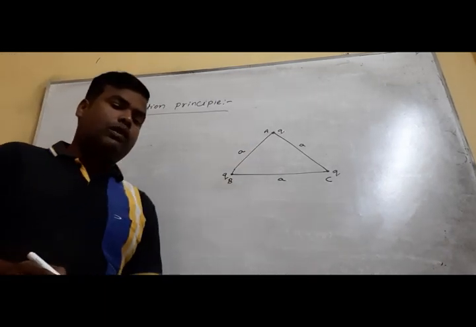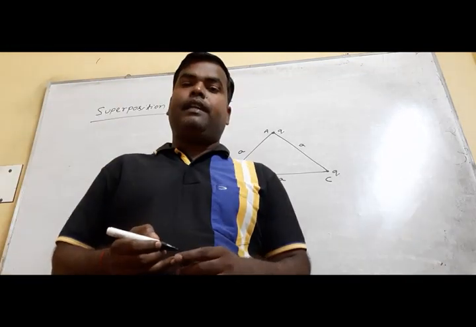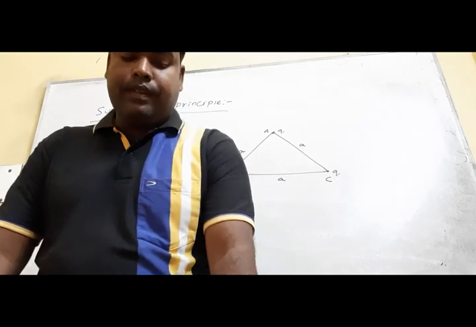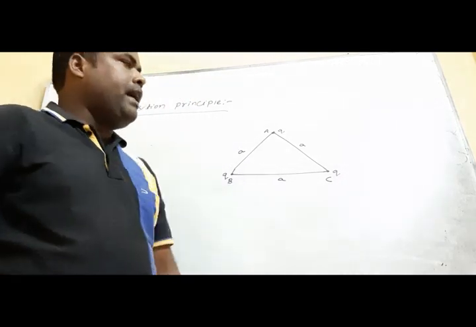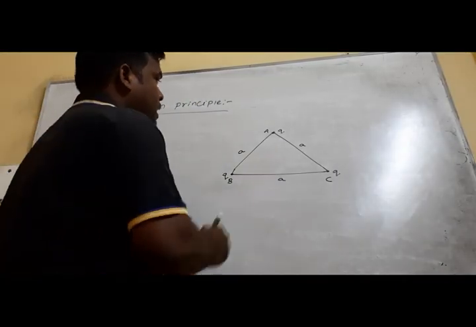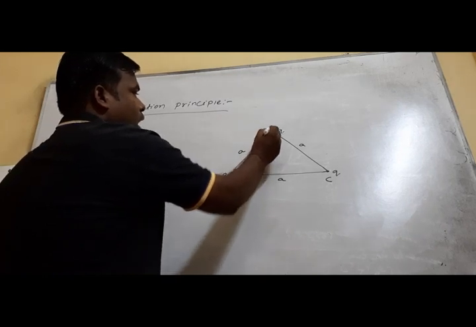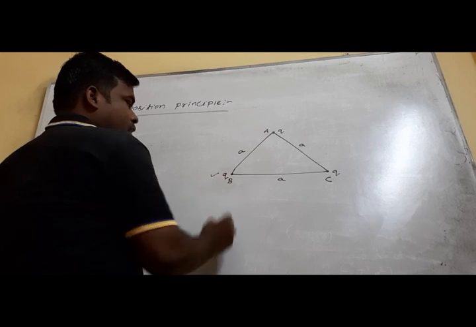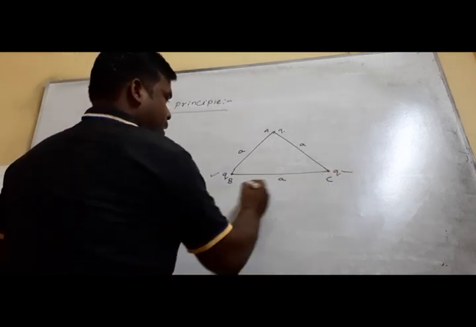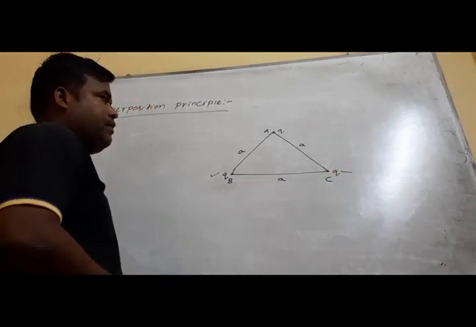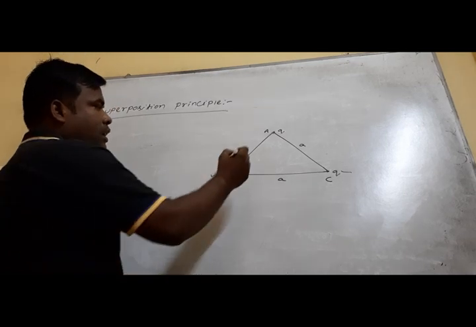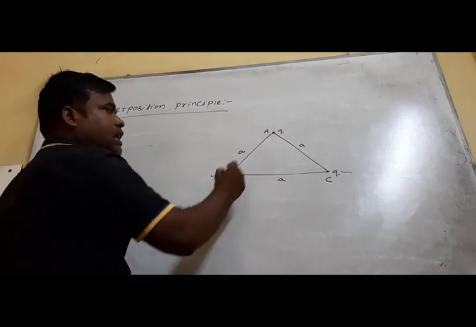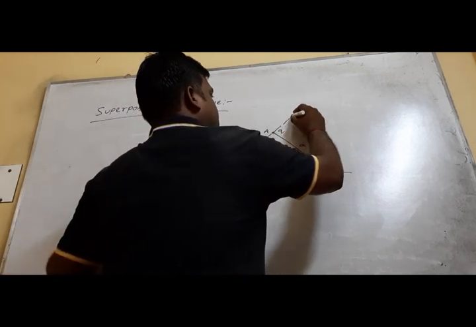Now the question is asked to find the net force acting upon any charge. Here I want to find the net force acting upon the charge q at A. Here you see another two charges, q each, at B and C respectively. So here you find what is the force acting upon this charge due to this charge. Let it be F1.